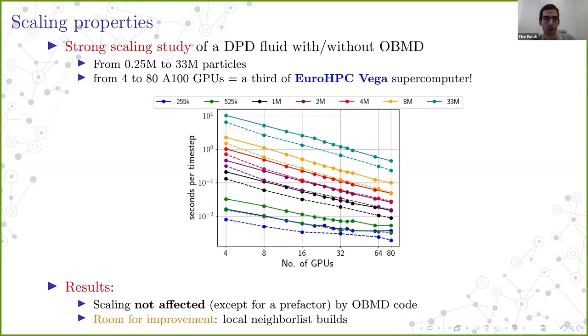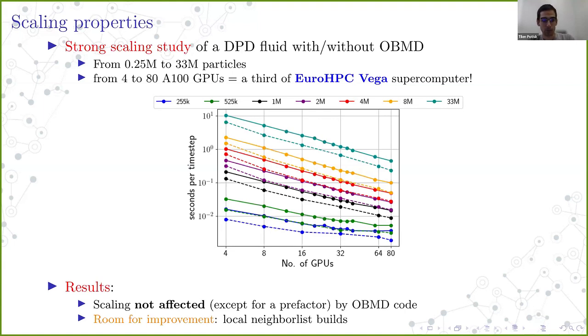We tested that on the EuroHPC Vega supercomputer, using 250,000 particles up to 33 million particles, and from 4 GPUs to 80 GPUs, which is a third of this GPU partition, if I'm not wrong. And we can see that the scaling is not affected by the addition of the OBMD code, except for a prefactor, because of course the OBMD code adds additional complexity.